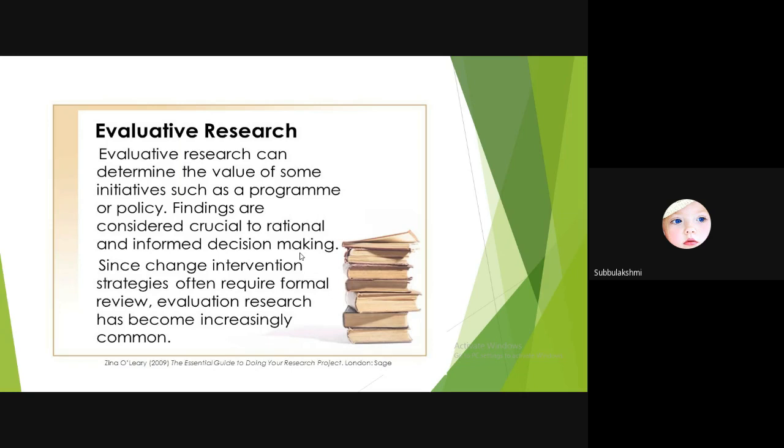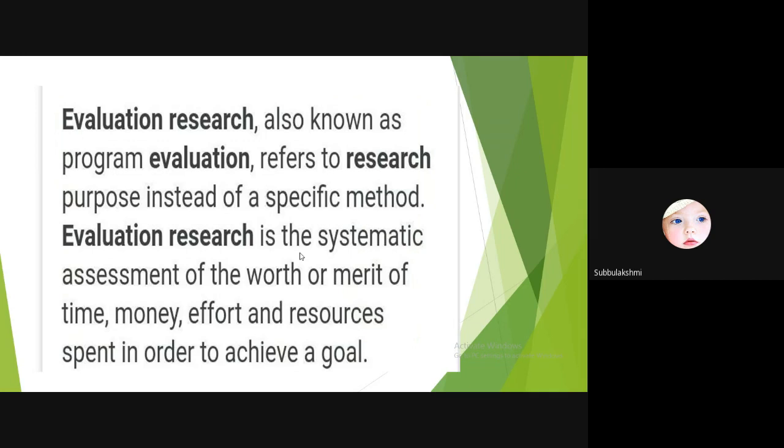If a researcher chooses evaluation research, they have to be very careful in giving the findings, because they are analyzing things practically, and it is going to affect the market to a greater extent.